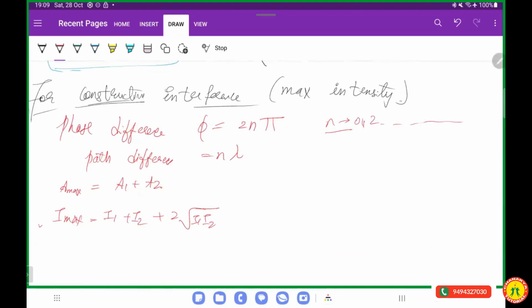So for this, we need maximum amplitude, maximum intensity. So this one we can write as root I1 plus root I2, the whole square, like A plus B whole square. Yeah, fine.